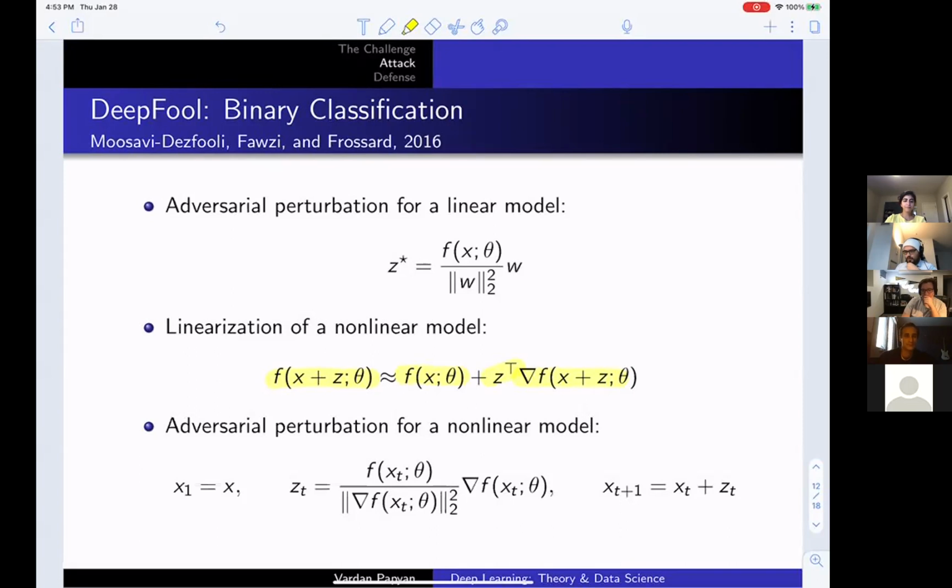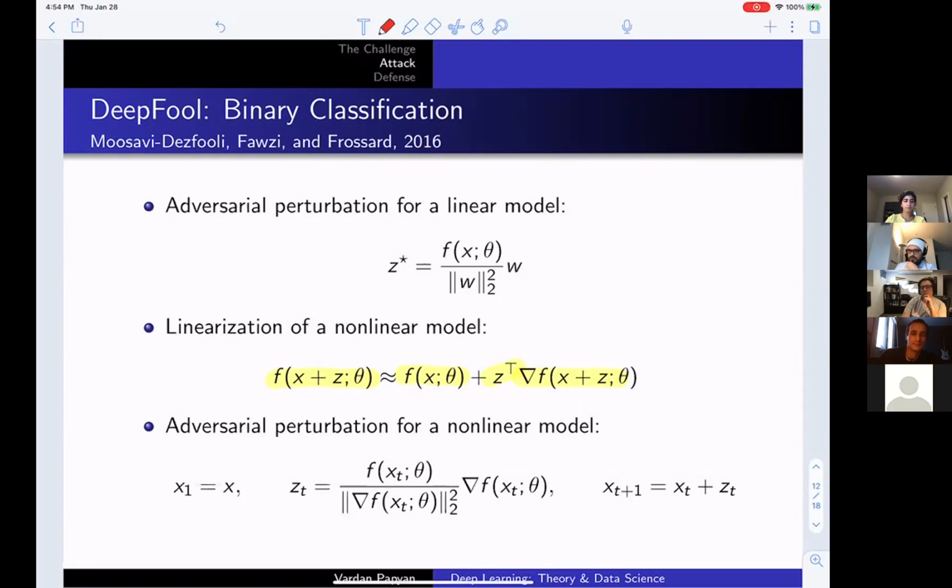Now, this gives us a linearization of the network. And once we have a linearization, is the network a linear function or is it an affine function? So it's affine, right? There is no reason why a network would be a linear function.